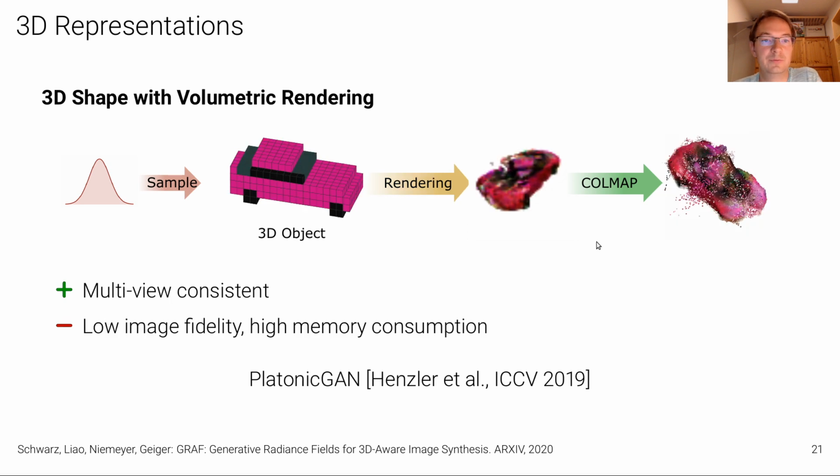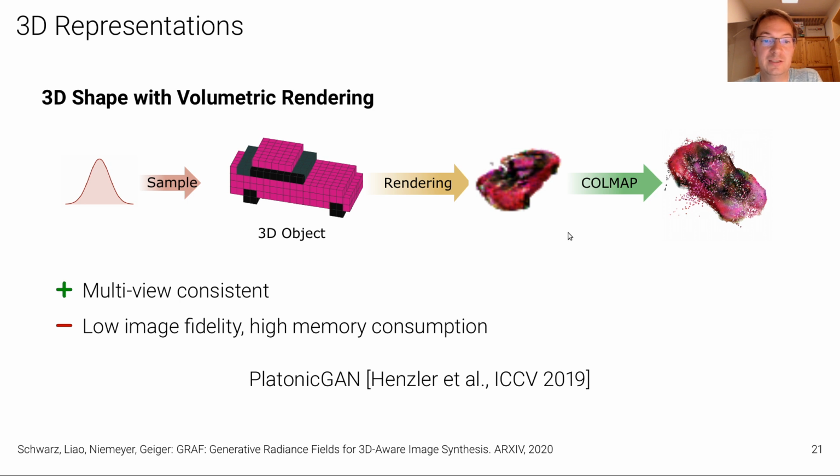Another representation that has recently been proposed for single image object synthesis is to directly have a 3D convolutional network that directly predicts the 3D object in terms of its colors, which are then rendered onto the image plane without any subsequent 2D convolutions that could potentially entangle the 3D factors again.